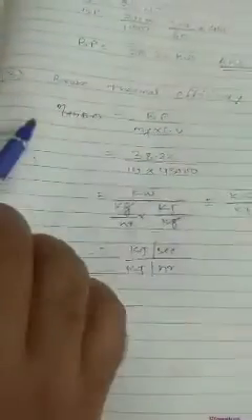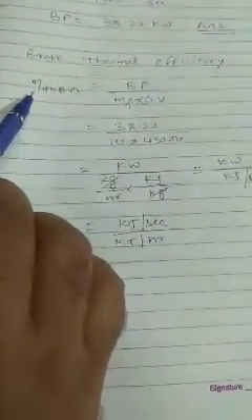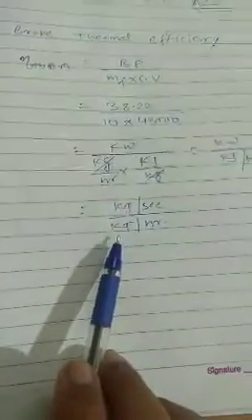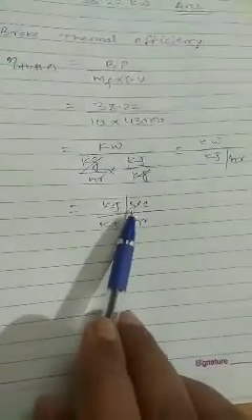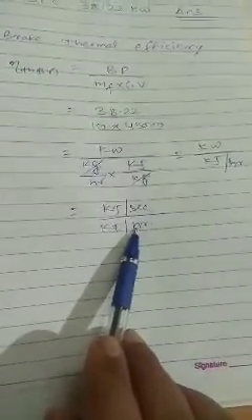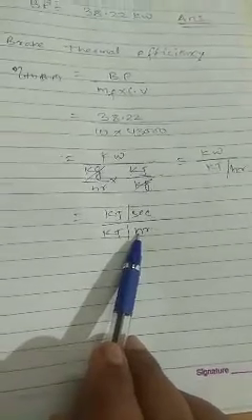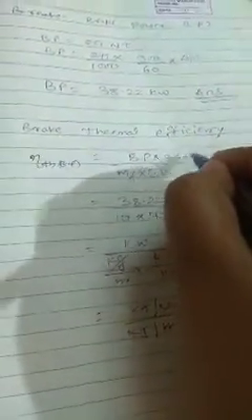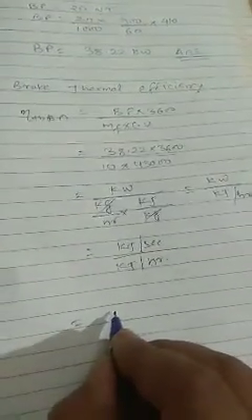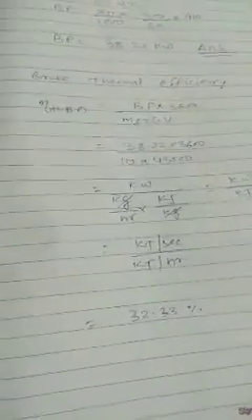We know that efficiency is a unitless quantity, but in this case we find kilojoule per second upon kilojoule per hour. That's why we convert hour to second. For this correction, we multiply this formula by 3600, and after calculating this, we find the value 32.33%. Thank you.